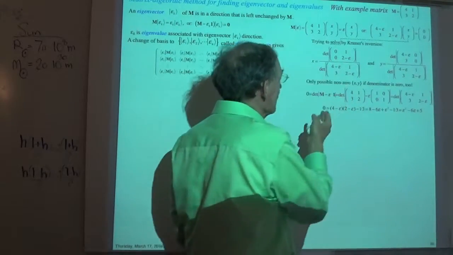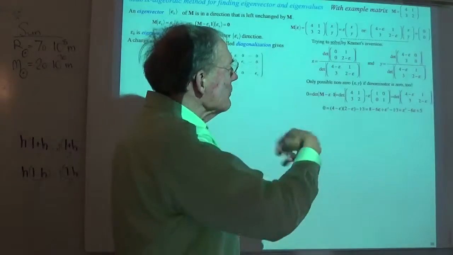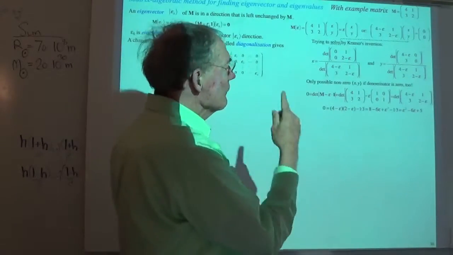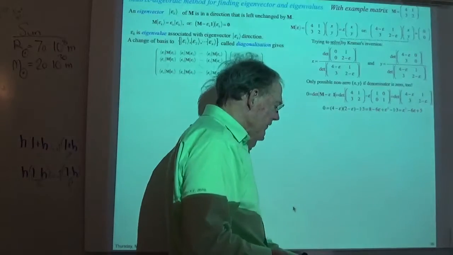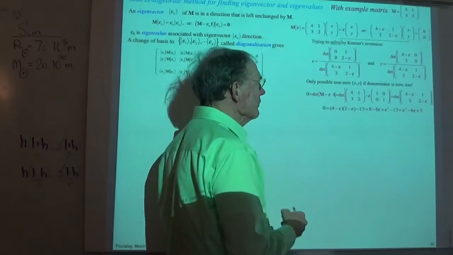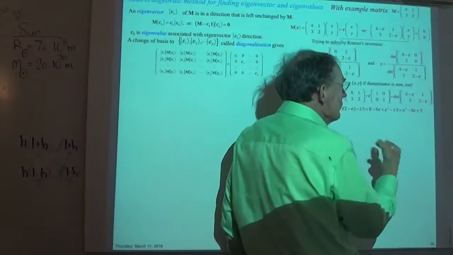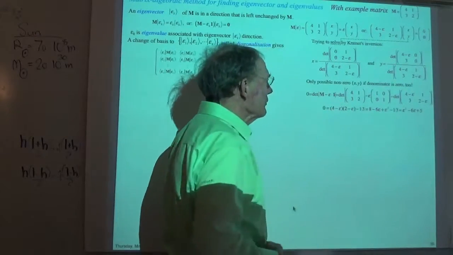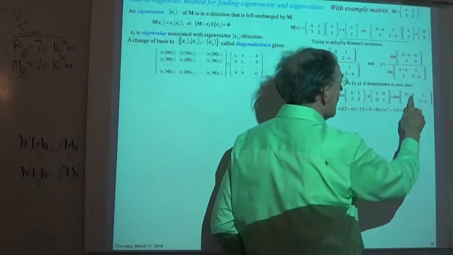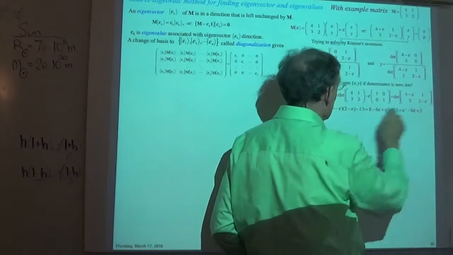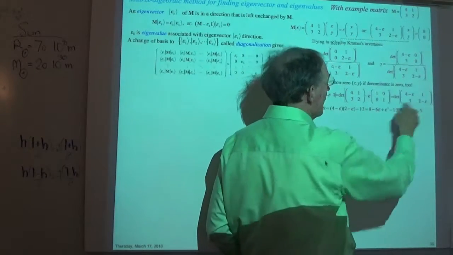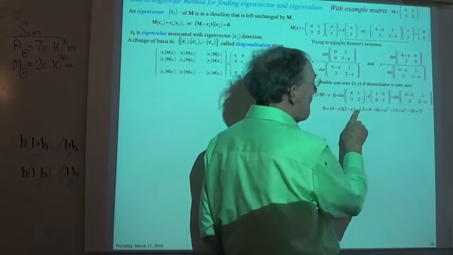And the name secular equation goes back to the perturbation theory of orbits that were being done by the astronomers in the 1800s and 1700s even. The determinant of this is not a hard thing to figure out when you only have 2 by 2 here. It's 4 minus epsilon times 2 minus epsilon, and then the off diagonals are product with subtraction.